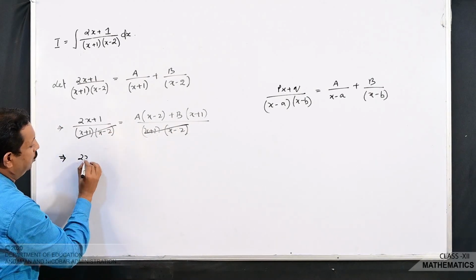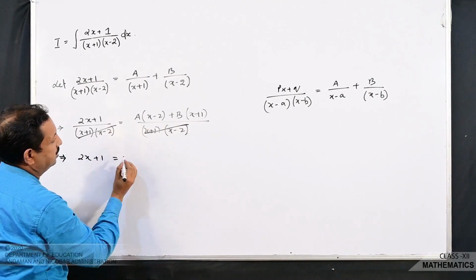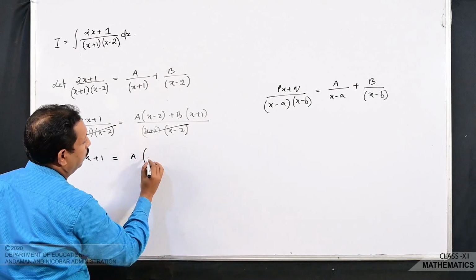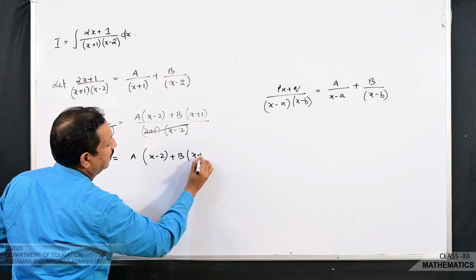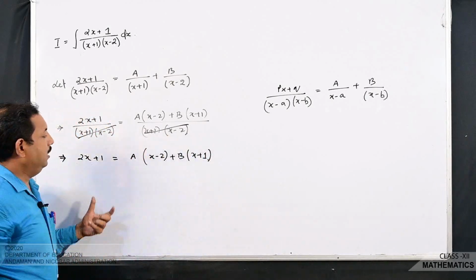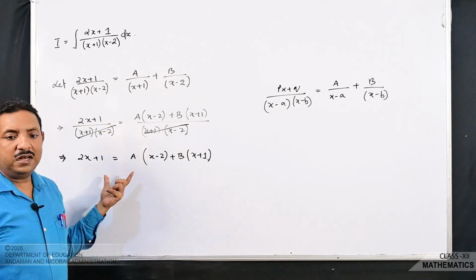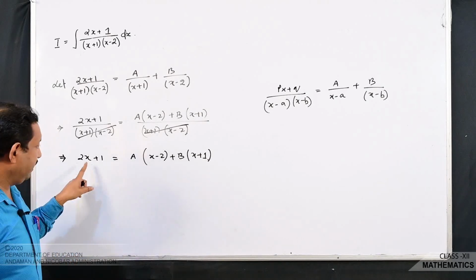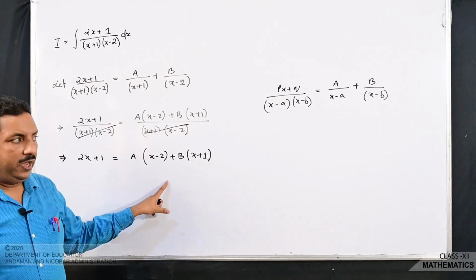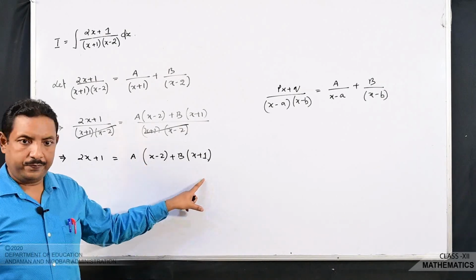So you will have 2x plus 1 equals a into (x minus 2) plus b into (x plus 1). Here, as in the earlier case, we can compare the coefficients of x and the constant term and find the values of a and b.